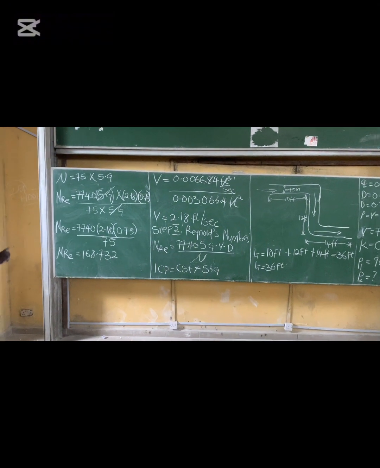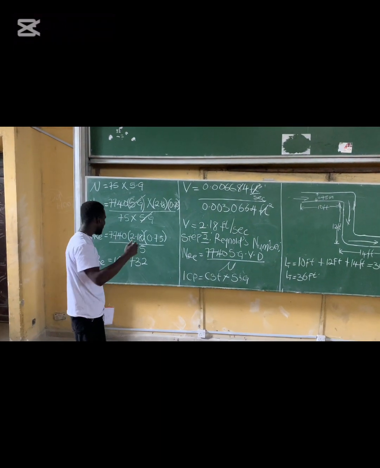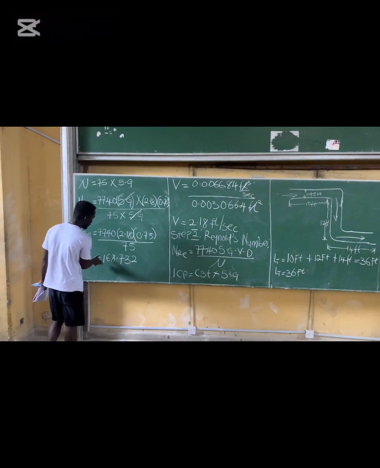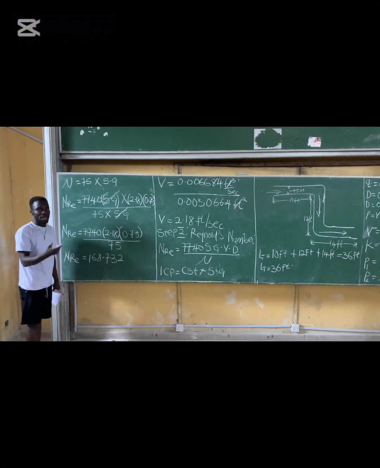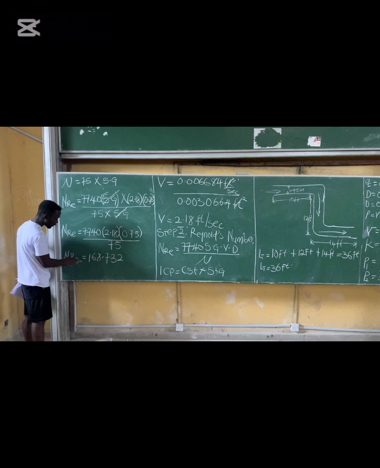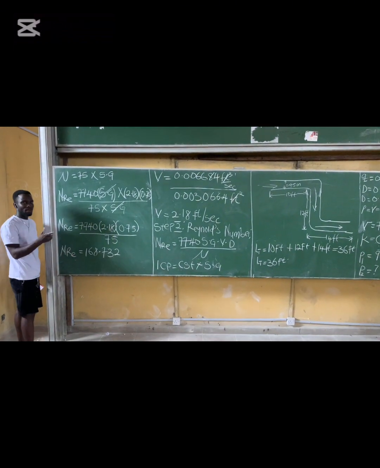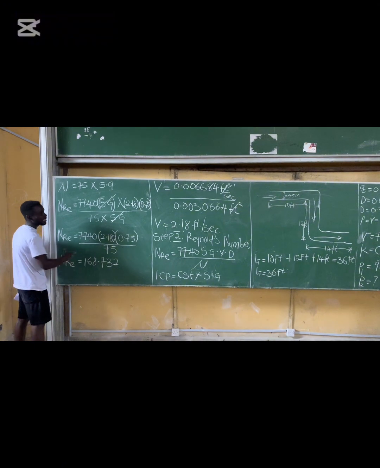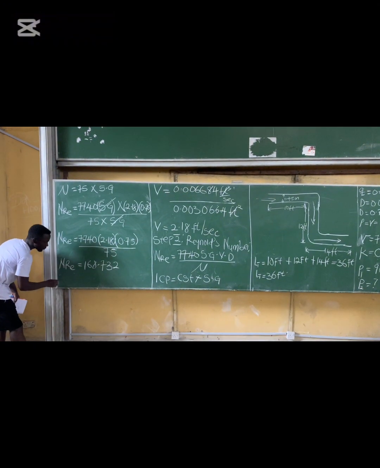Remember, we said that our NRe determines the type of flow in the pipe. In this case now, our Reynolds number is 168.73. We stated the condition for laminar and turbulent flow. But here, since our NRe is 168.73, we can simply say that it is a laminar flow, because the Reynolds number is less than 2000.